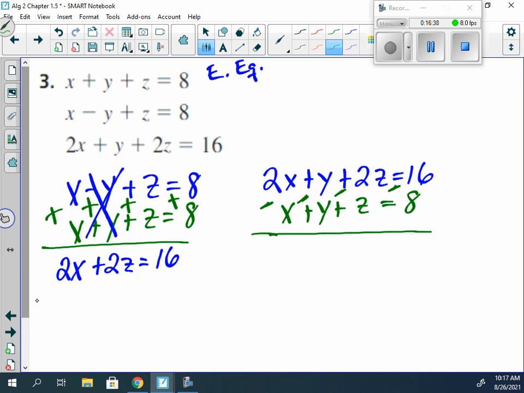Specifically the y's. 2x minus x is just x. Y minus y is 0. 2z minus z, positive z. And 16 minus 8. 8.